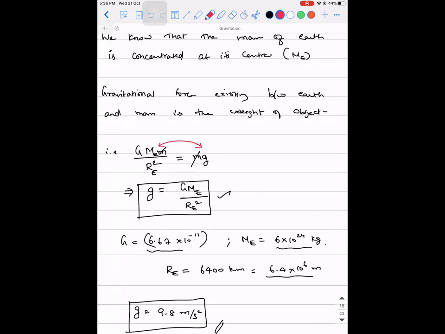When, sir, did I say it is not same? I never told it is not same. See, what is it that I've written? Gravitational force existing between Earth and mass m is equal to the weight of the object. Gravitational force is this value. Weight of the object is mg. So small m and small m got cancelled. Whatever I've written, I've converted to mathematical expression. That's it.